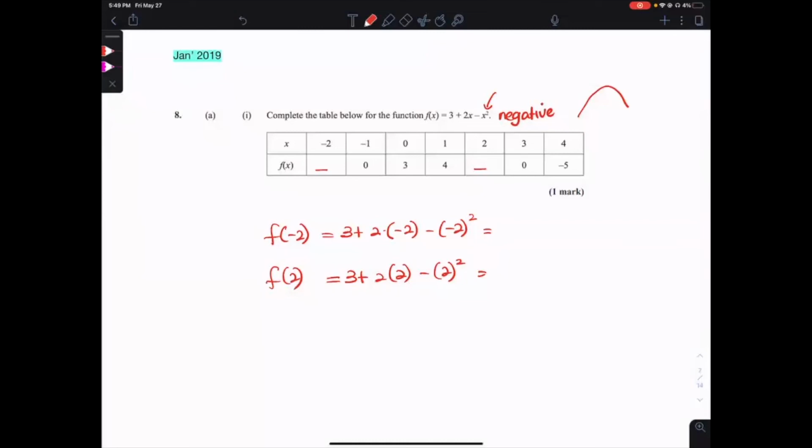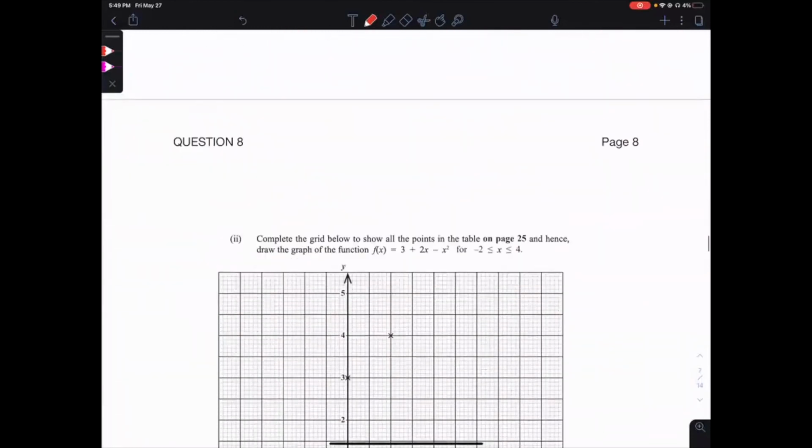Negative 5, miss. Yes. You are correct, Josiah. Negative 5. And what's the next one? 3. Very good. So you would have scored 1 mark. We go in again. We know it is the upside down U because this value here is negative. So that is something that we know.